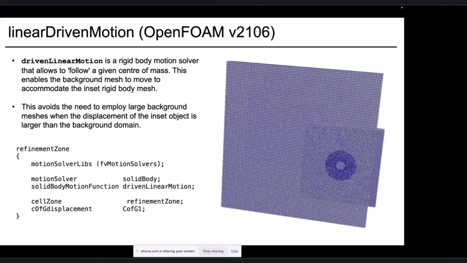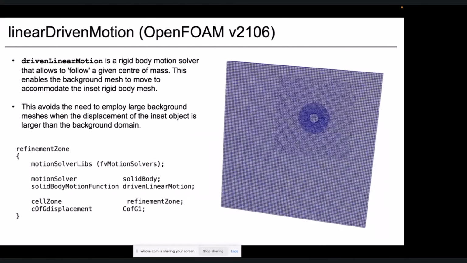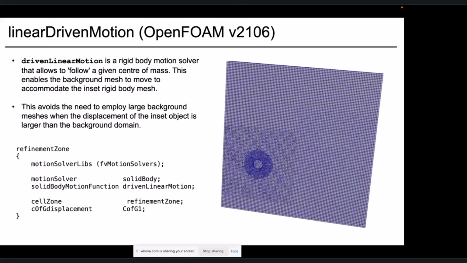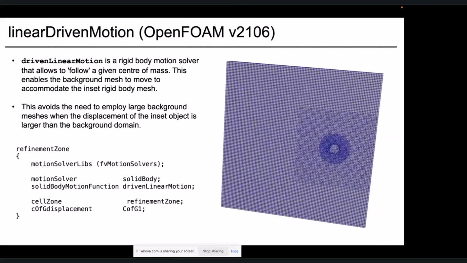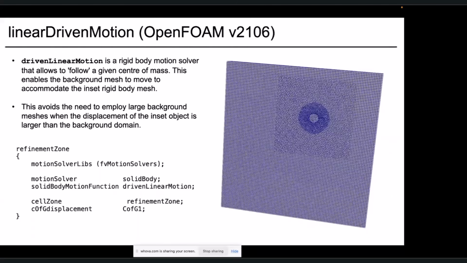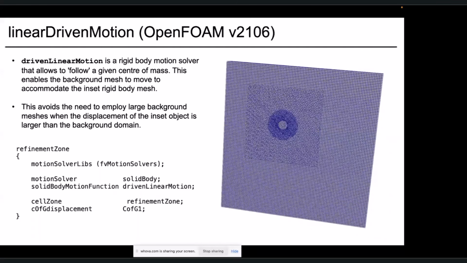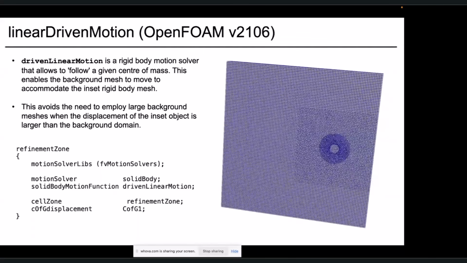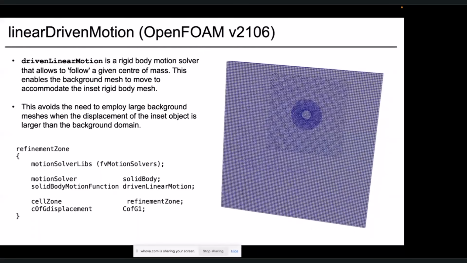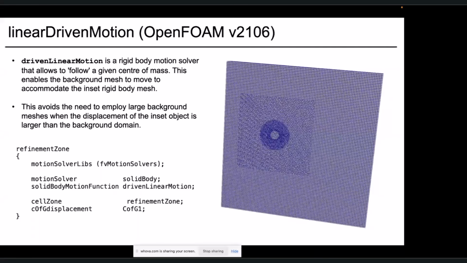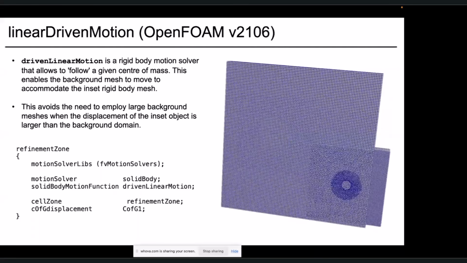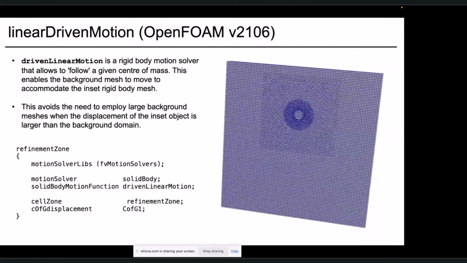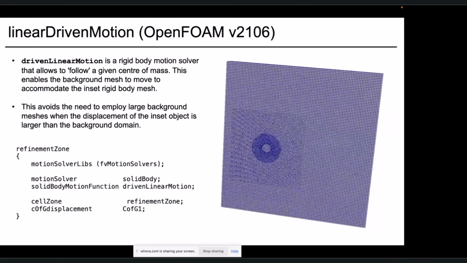I also want to show you another very interesting capability incorporated recently in the 2106 version, called driven linear motion, which saves a lot of computational time when we need a large background mesh for a problem. Let's say in this example that I saw, it's a simulation of a pendulum motion, or a projectile motion, sorry.